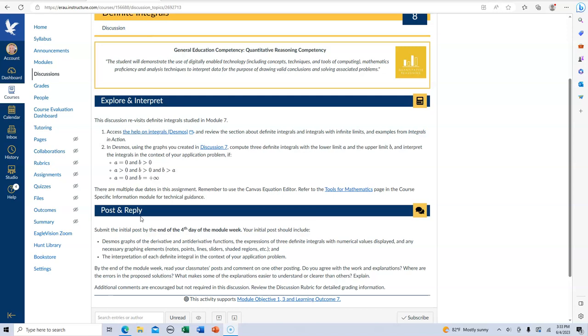We're going to look at some relationships between those two over certain intervals, and Desmos is going to help us out. That discussion is wrapped up here between the post and reply and explore and interpret. As you read through the discussion about the A's and the B's and infinity, that will all relate to the integration bounds that we're going to talk about in just a moment.